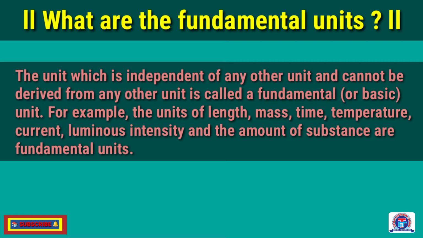Now we will understand what fundamental units are. A unit which is independent of any other unit and cannot be derived from any other unit is called a fundamental or basic unit. For example, the units of length, mass, time, temperature, current, luminous intensity and amount of substance are fundamental units. So we understood the fundamental units.